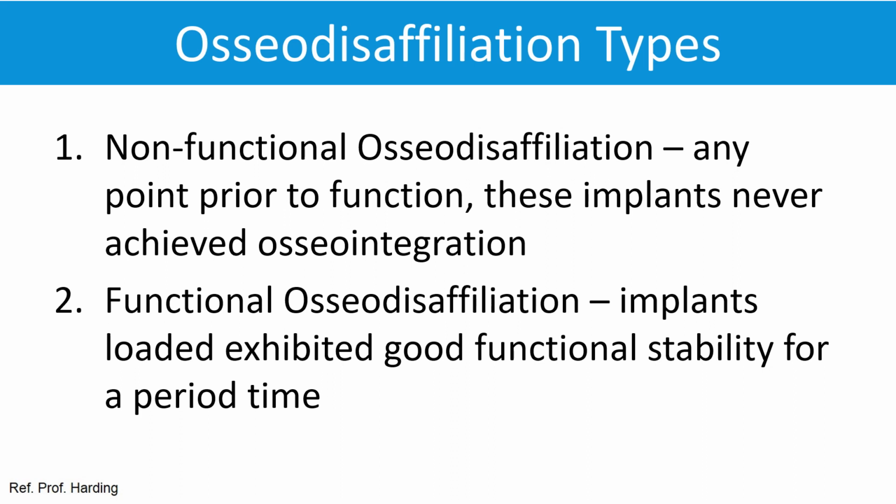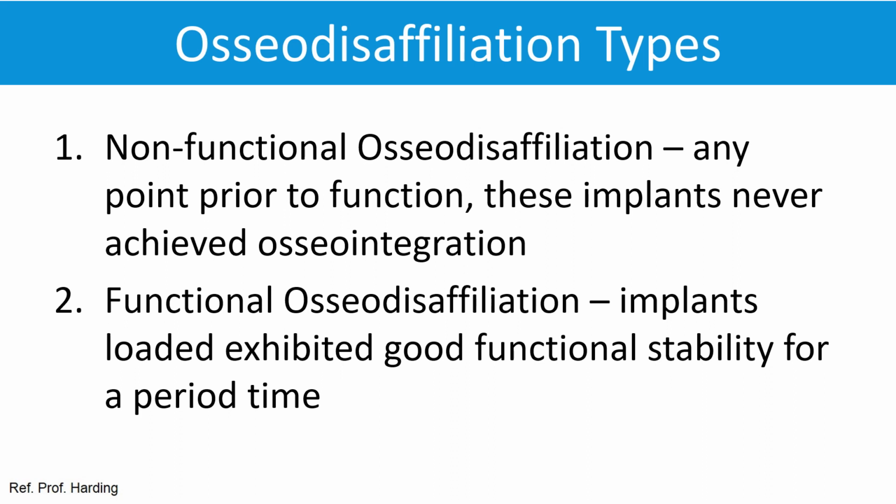So we're looking at osteodisaffiliation types, and we have a non-functional osteodisaffiliation, and this is, if you like, failure to maintain bone at any point prior to function. These implants will have never achieved osseointegration.